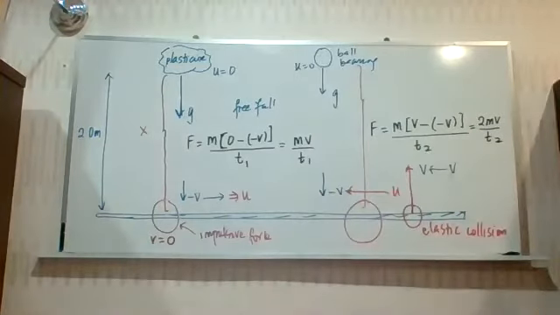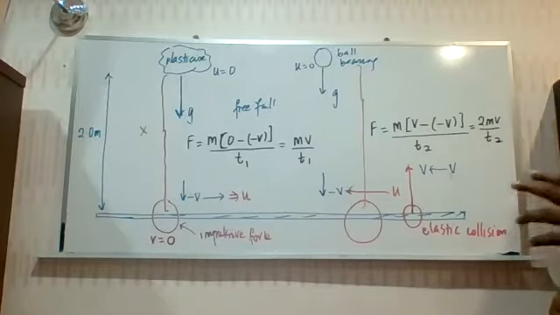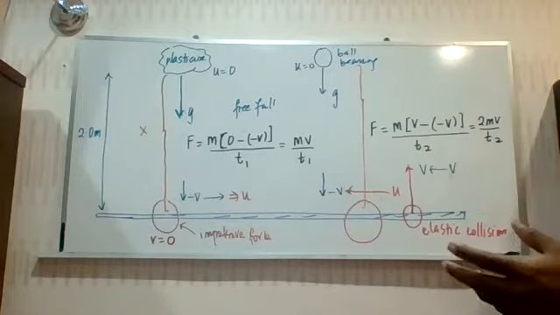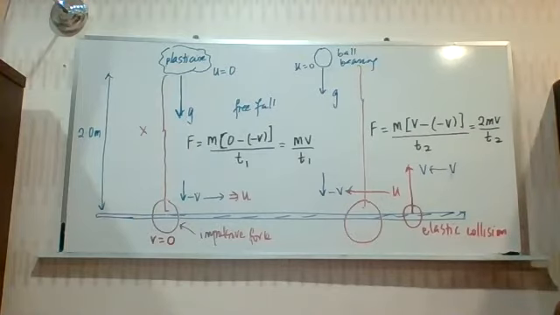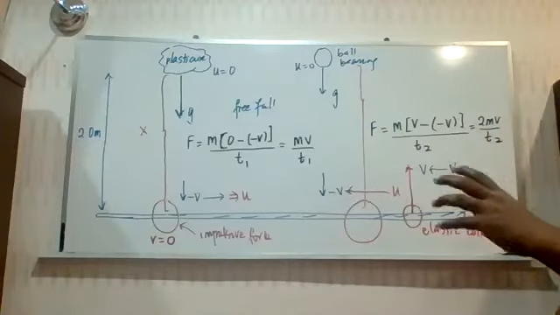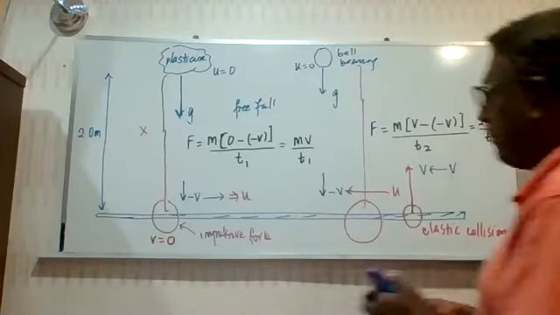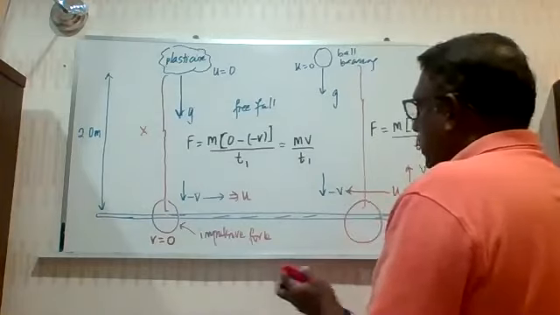So now let's come to the question. Between the plasticine and the ball bearing, which one will give you a greater change of momentum? Sorry, greater force. Is it the plasticine or the ball bearing, or is it both the same? So here we further analyze it.